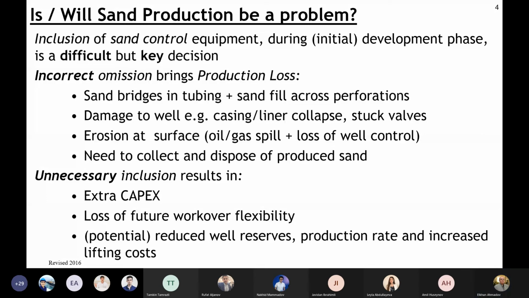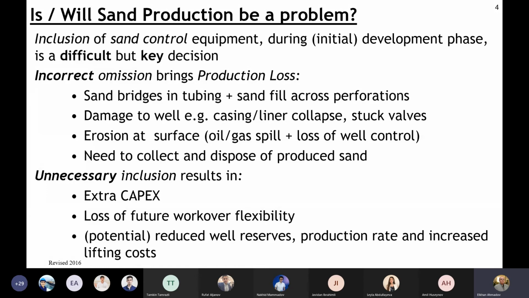Or if we include it unnecessarily, for example, somebody says, well, let's have sand control because it looks nice, or we just will be on the safe side. This may cause a very high cost effect in terms of extra capex, depending on the method you choose for the sand control.